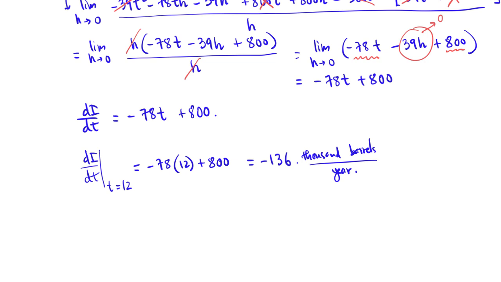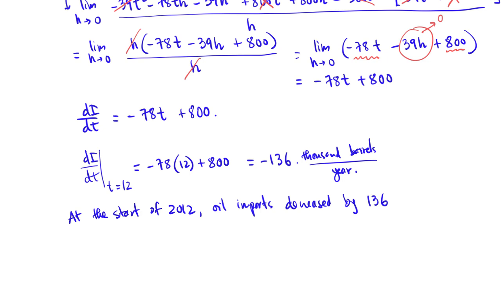To interpret this, we would say at the start of 2012. This is very important. It is important that we mention the time, because this rate, the derivative, is only good for this specific year. Oil imports, in this case, since the rate or derivative is negative, we would use the term decreased by, but if we use the term decrease already, we do not need to include the negative sign.